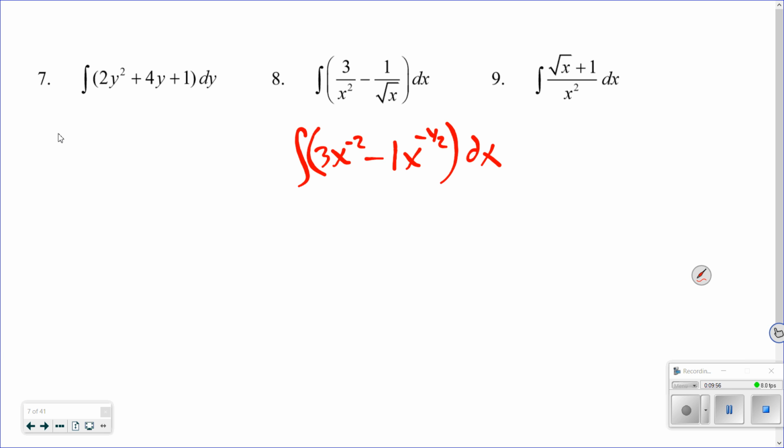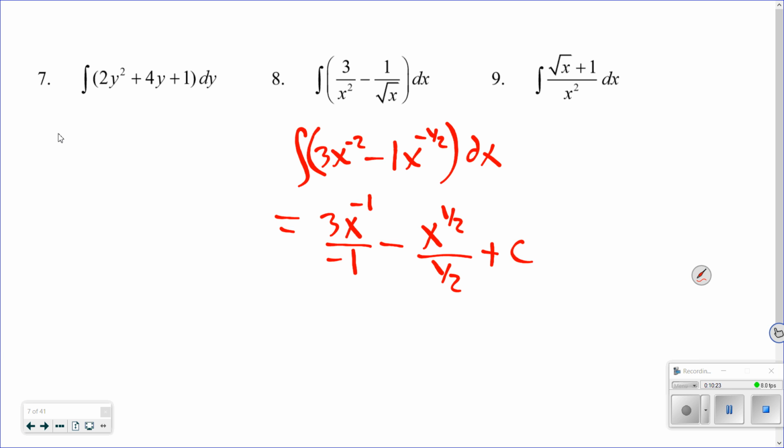So what I'm trying to write it as is just something times x to a power, plus or minus something times x to a power, because now I can just apply that power rule for integrals. Okay, so let's integrate. So this comes out to be 3x, add 1 to the power, it'd be -1, and divide by that new power. Same thing here, add 1 to the power, so it would be x to the 1/2 divided by 1/2.